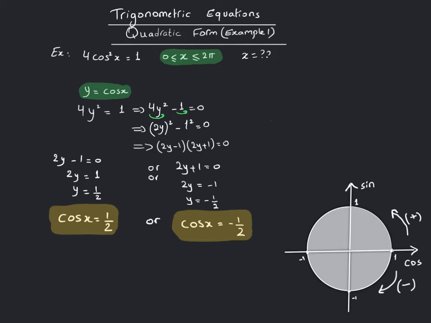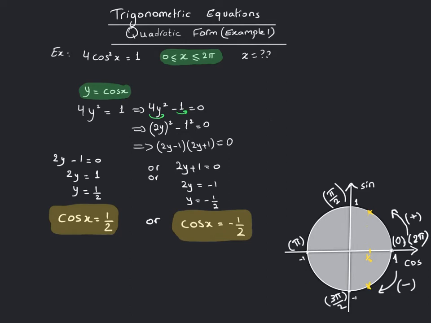How to use it? We have here cosine x equals half. As we know, the radius is 1. So cosine x is half. Let me label the half here. Here is the half, right? So let's see where it meets the circle. I draw a vertical line passing through half. It meets the circle at 2 points.